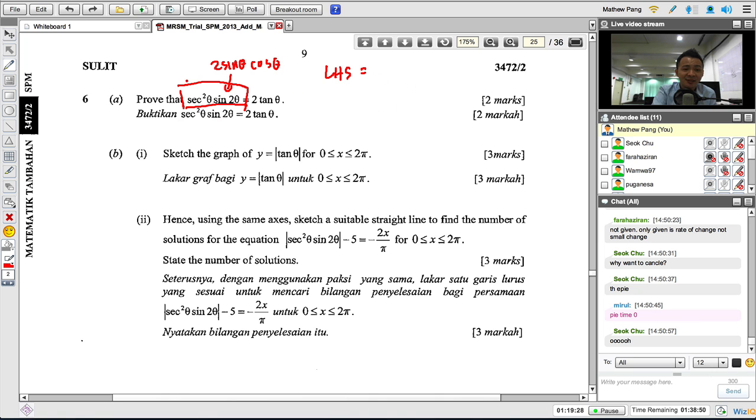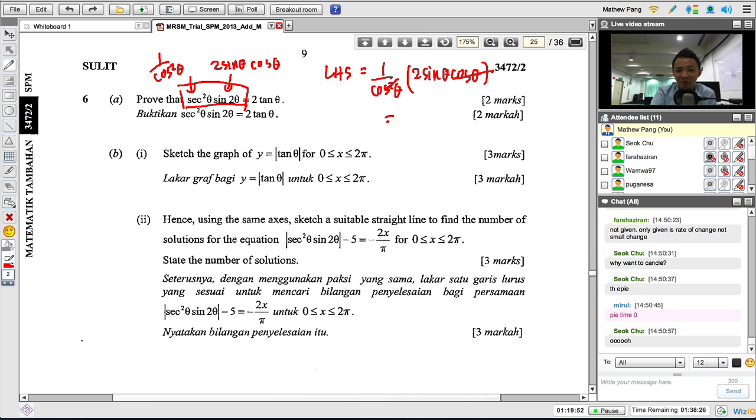So second square angle, I can change to 1 over cos square angle. Correct or not? Because second we know is 1 over cos. Second square is just 1 over cos square. So this is 1 over cos square angle multiple 2 sine angle cos angle. And then cos square, you know you have 2 cos, right? I minus 1 cos and 1 cos.